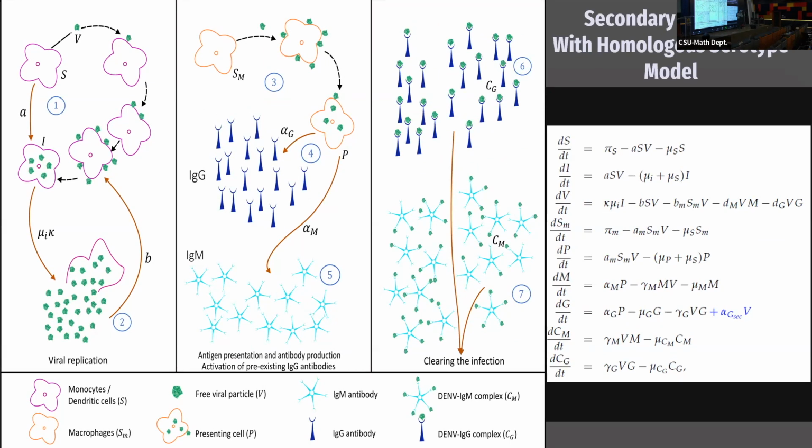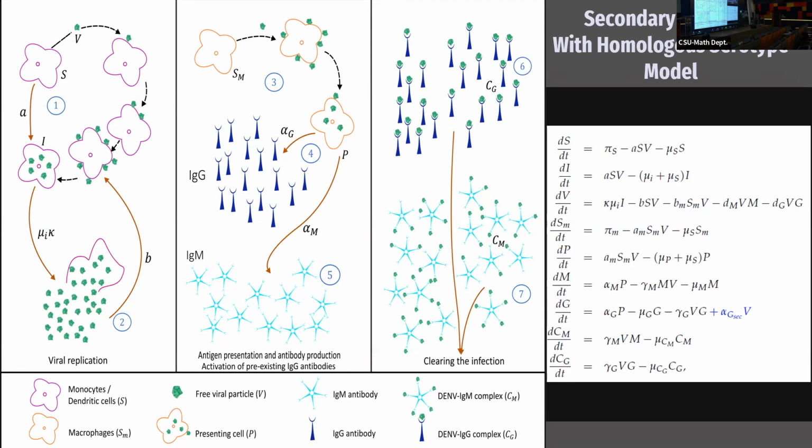The first stage will be the same, but you can see the second stage: IgG takes place first, then IgM. So when you experience a secondary infection with the same serotype, you get faster clearing of the infection than with a different serotype for secondary infection.